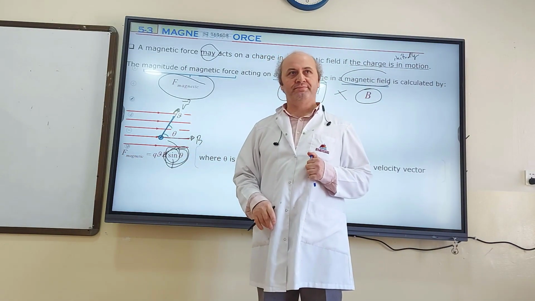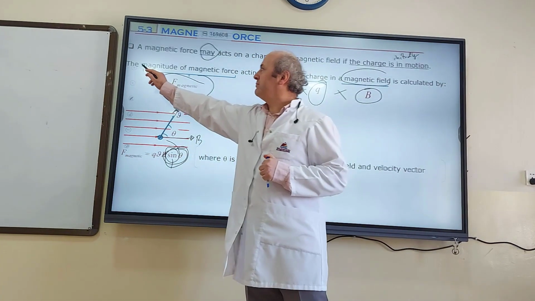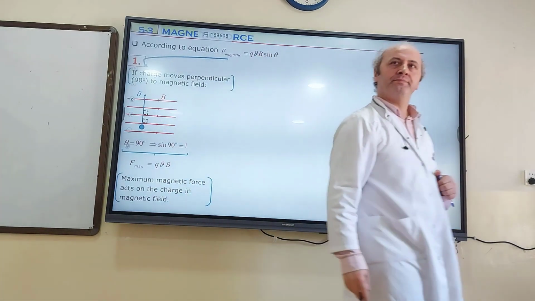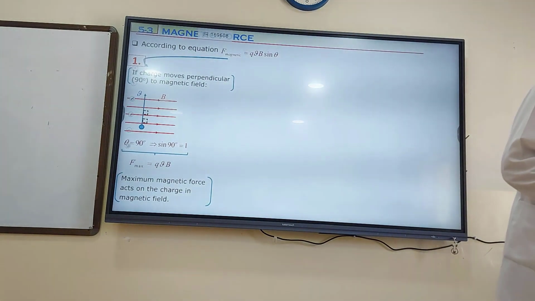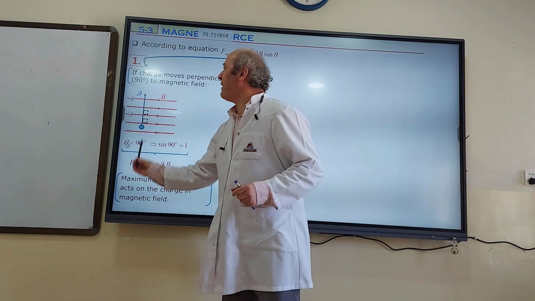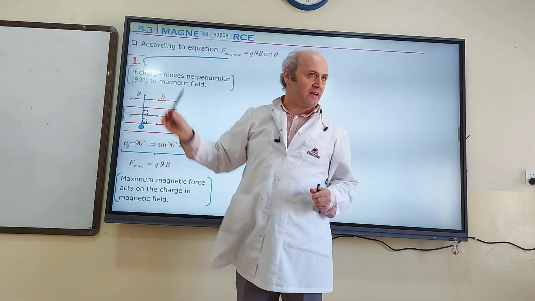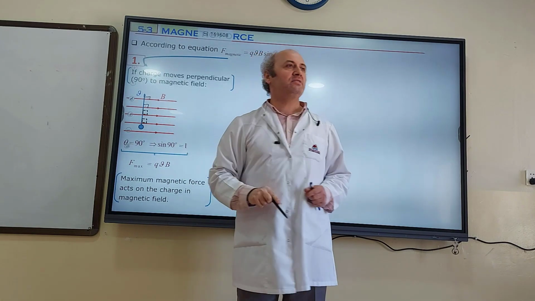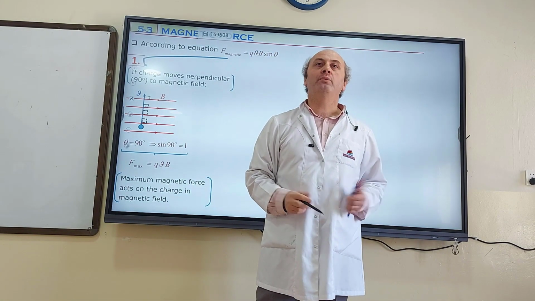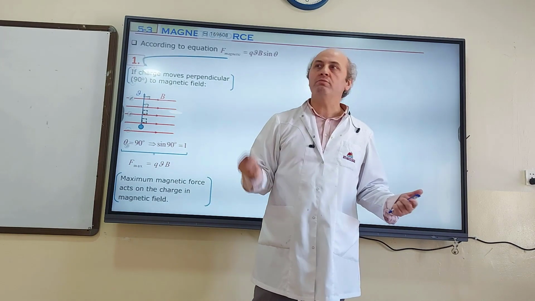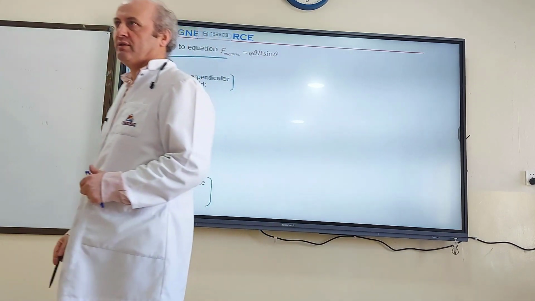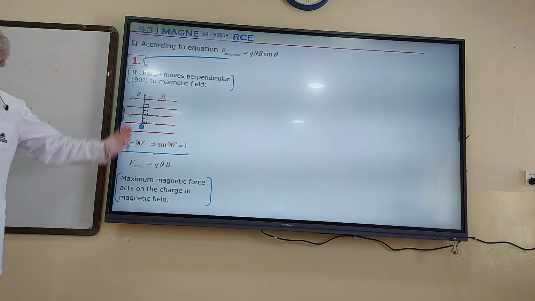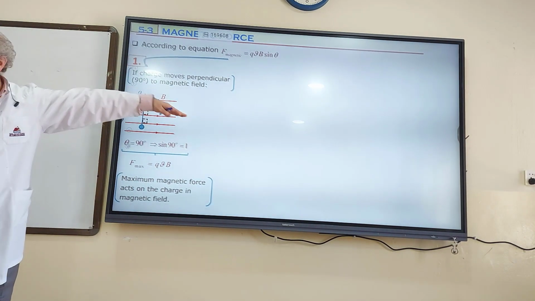Now, if this angle is 90 degrees, what does it mean? The charge is moving perpendicular to the magnetic field lines. The angle between V and B is 90 degrees, and sine 90 is 1. What does it mean? Maximum magnetic force acts on the charged particle if it is moving perpendicular to the magnetic field lines.